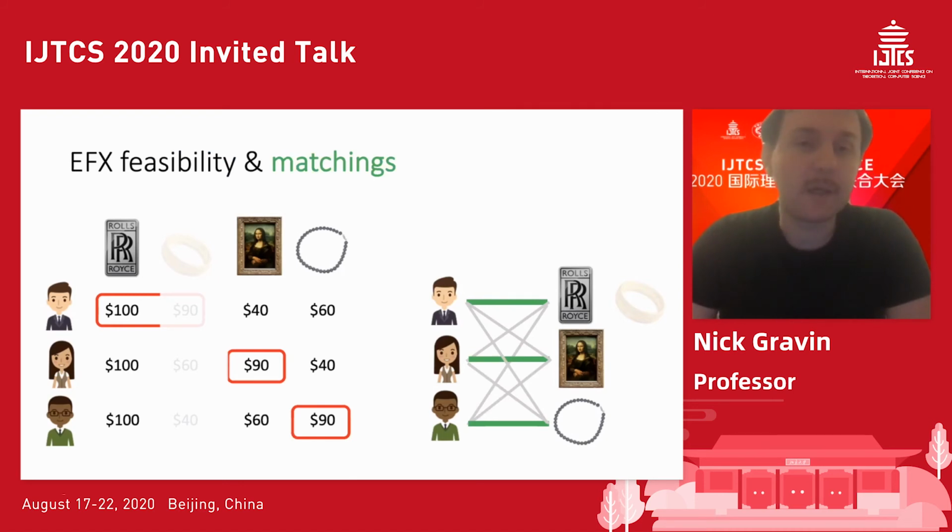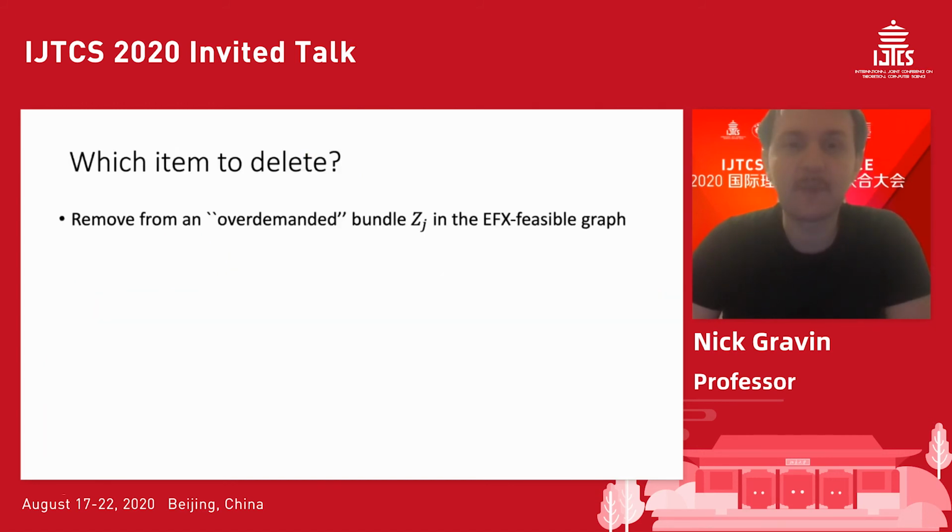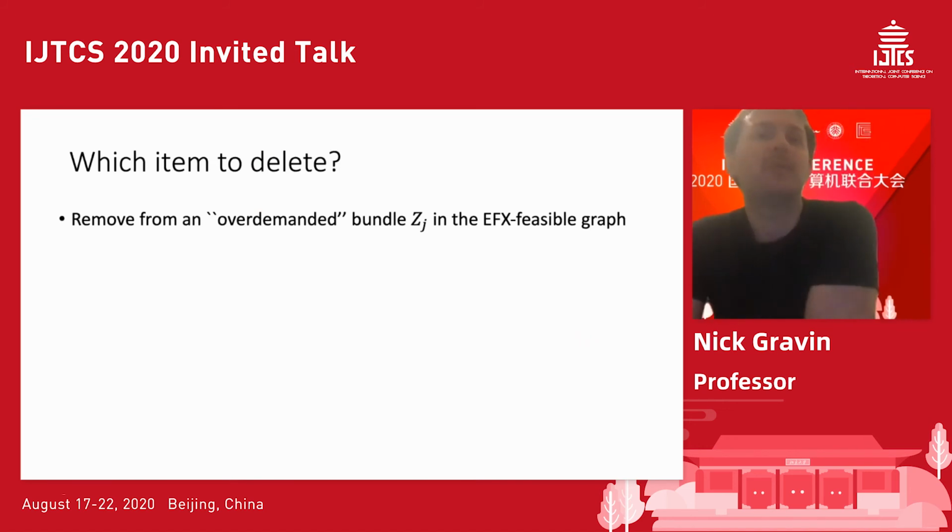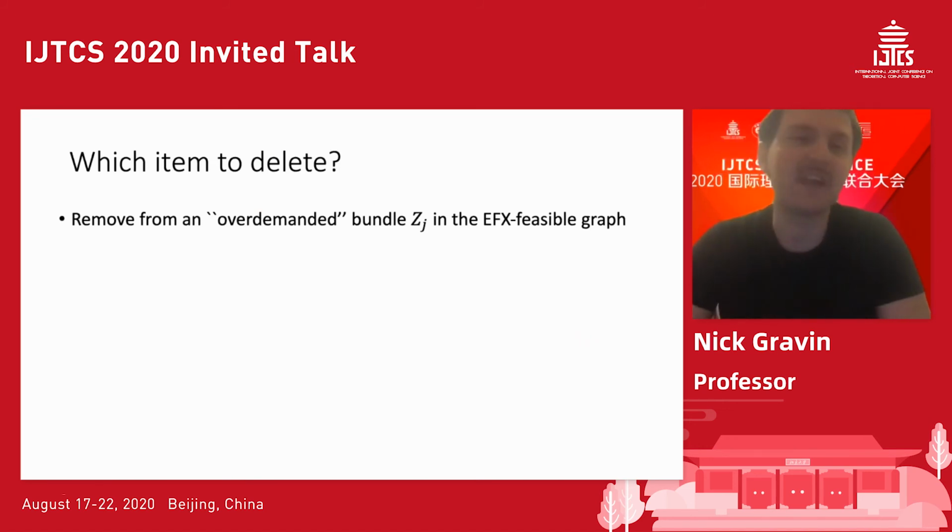So that's a very high-level description of the algorithm. There is this whole business of which items to remove from which bundle. There are some delicate steps in this analysis, but I hope the high-level idea of what's going on is quite clear. So let me give you just a glimpse of the analysis.